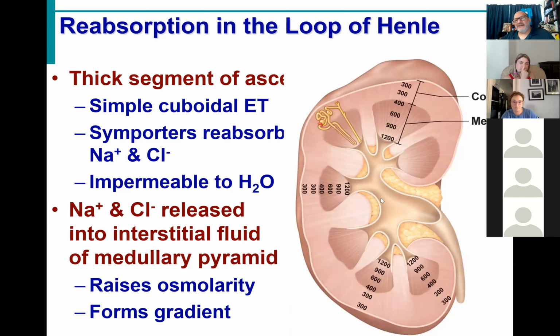Notice again, in the cortex, it is 300 milliosmoles throughout. It is just in the pyramids where we are able to produce this osmolarity gradient. And that osmolarity gradient is going to drive that water reabsorption in the descending limb. So again, this process does 2 things. It dilutes our filtrate, but it also sets up an unequal osmolarity gradient in our medullary pyramid.